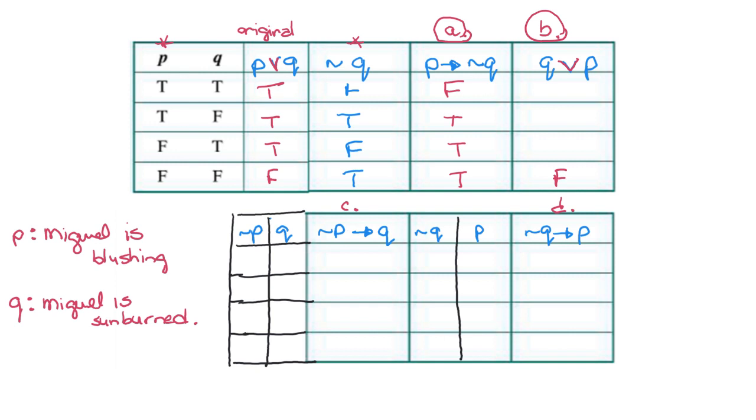So that one is going to look just like the original. In order to complete part C, I need a not P. So in writing not P, I will write two falses, two trues. Remember, this is just the opposite of the P column. I will rewrite my Q column.